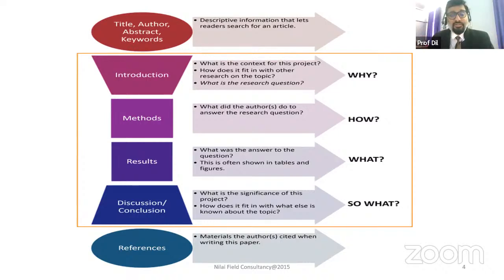But don't think these references are only at the end. Take an example, APA guidelines, American Psychological Association. You need to follow that referencing style from the title to the reference.